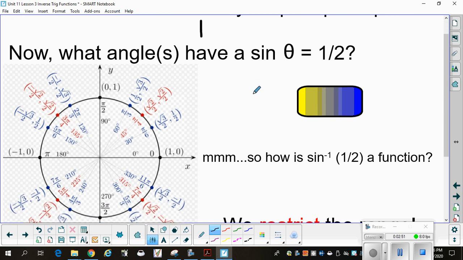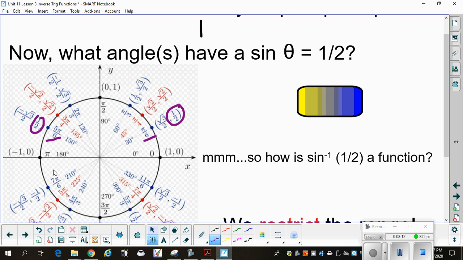Sorry, sine theta is equal to 1/2. Well, if I look at this, here I've got the sine would be 1/2, so that's pi over 6. And I keep running around the circle, and oh, look, here's another one where the sine is 1/2, and that's 5 pi over 6.